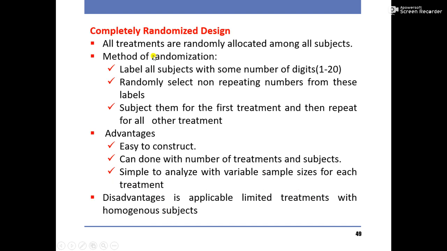In completely randomized designs, all the treatments are randomly allocated among all the subjects. Method of randomization: label all the subjects with some number of digits like 1 to 20, then randomly select non-repeating numbers from these labels, subject them to the first treatment and then repeat for all other treatments.